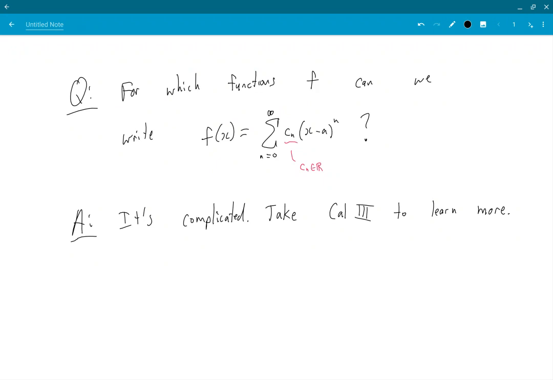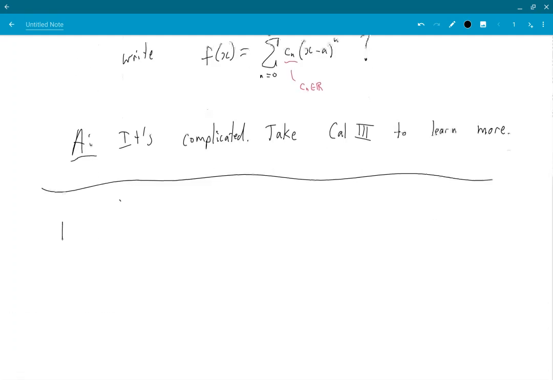So again, let's put a line here. We'll put a big if here. If f of x is equal to a power series, this isn't always true, I'll give away that much.